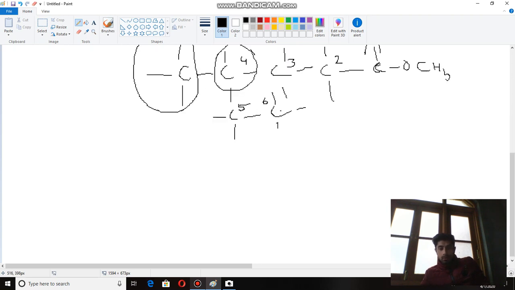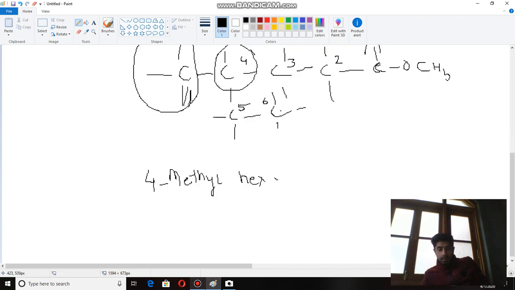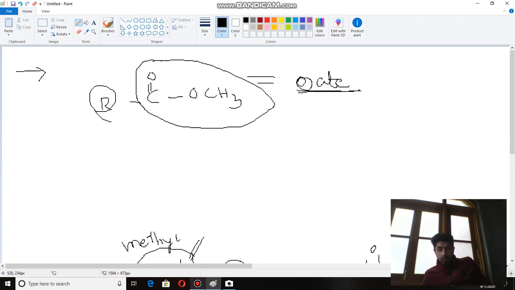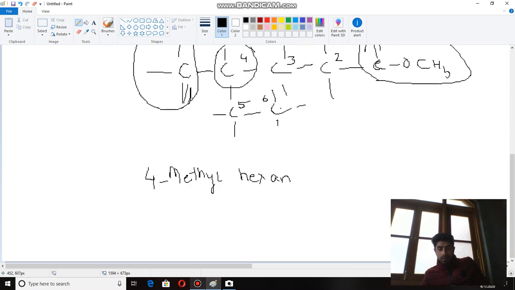So while naming this compound, we have to name this branch first. So at 4 we have methyl, and what is the word root for this? It's 6. 1, 2, 3, 4, 5 and 6. So it's hex, and single bond for ane. Now what is the suffix for this group? It's oate. So this becomes hexanoate.